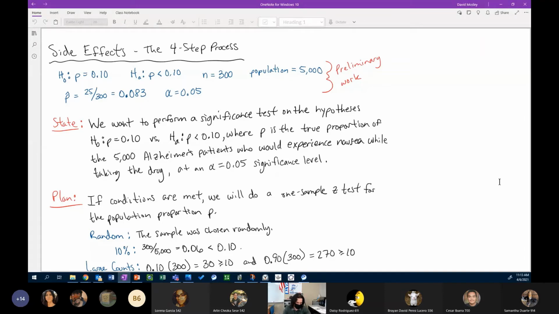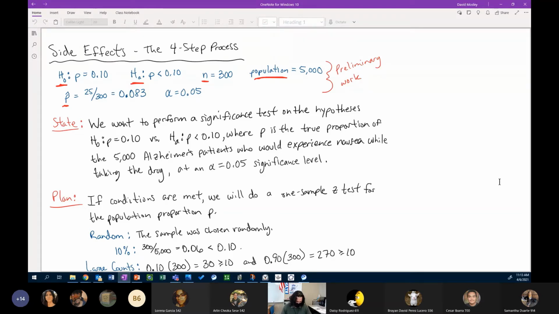I identified my hypotheses, my null hypothesis and alternative. My sample size n, which was 300. In this case, I actually know the population size that I'm sampling from, 5,000. My sample proportion, 25 out of 300, which is 0.083 rounded; it is 0.08333333 forever.